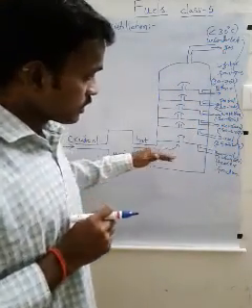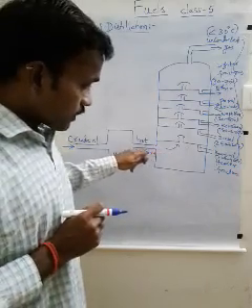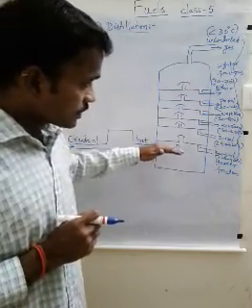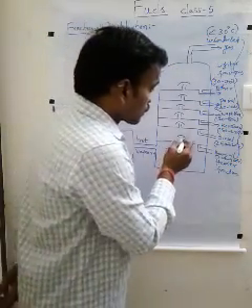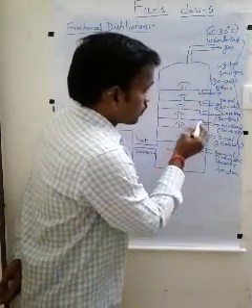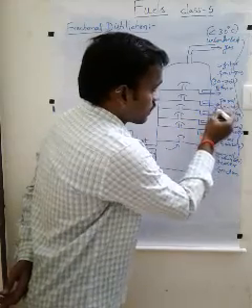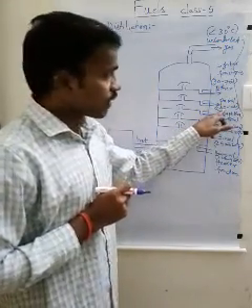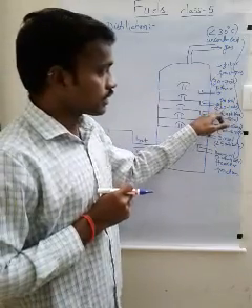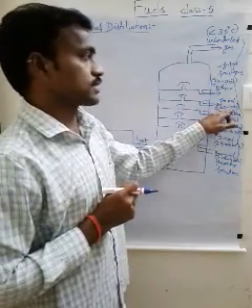Here, see the different fractions go up in the tower. Here, the fraction, for example, petrol. Here, the petrol boiling range is 40 to 120 degrees centigrade.